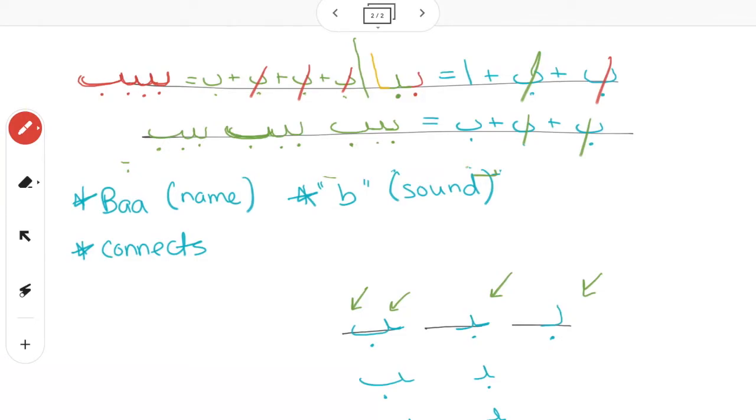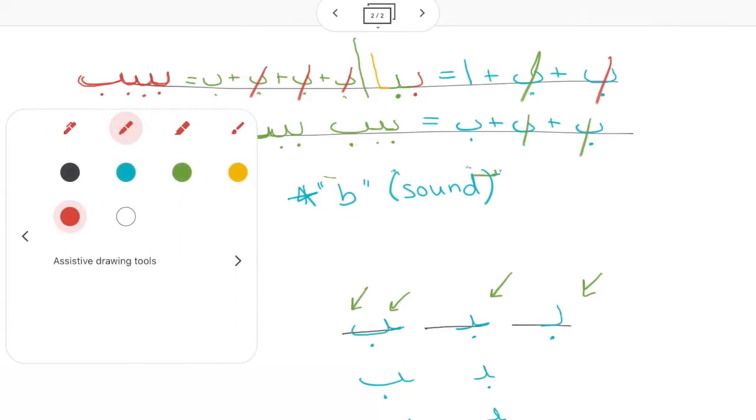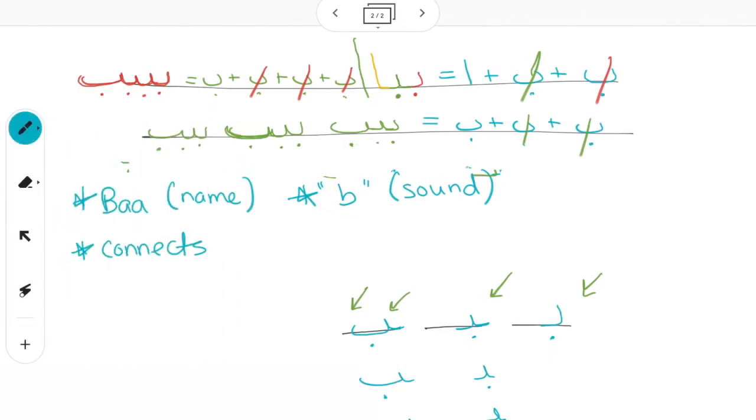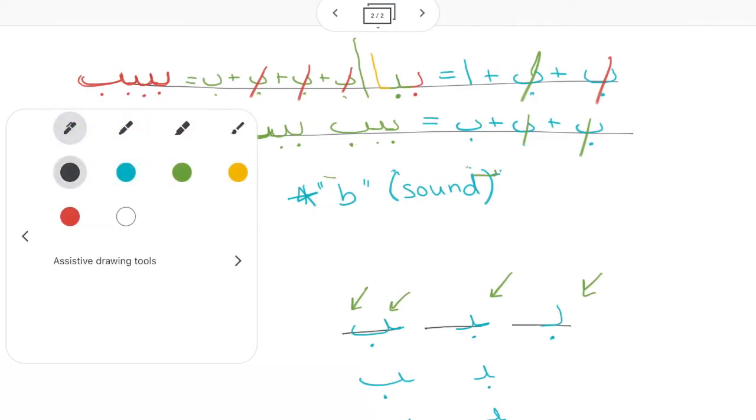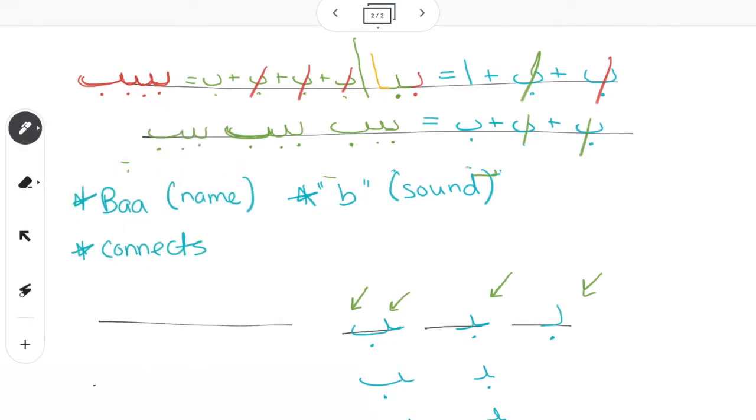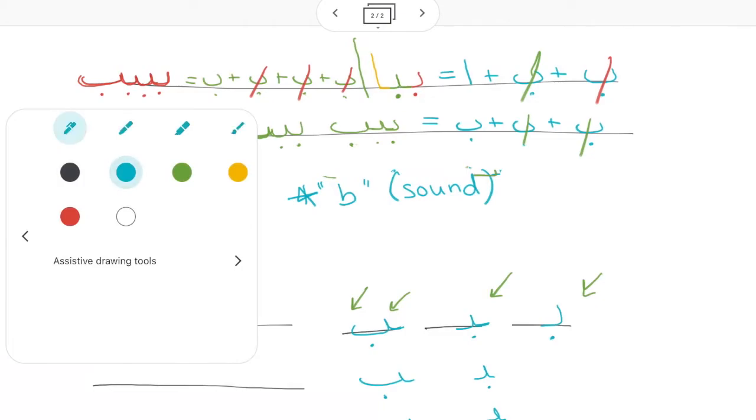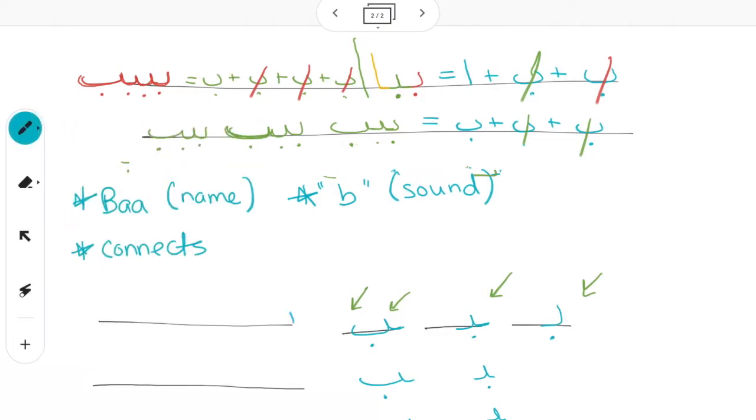Okay, let's do another one. Let's connect, put a line here. Let's connect 3 letters. The letter ba plus an alif plus a ba.